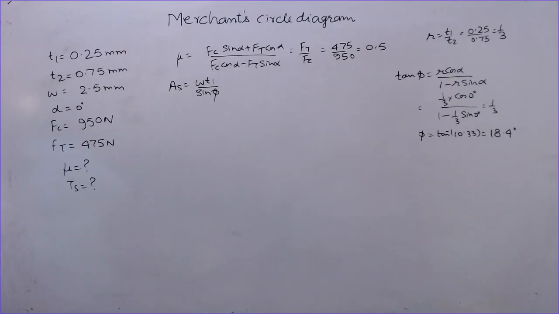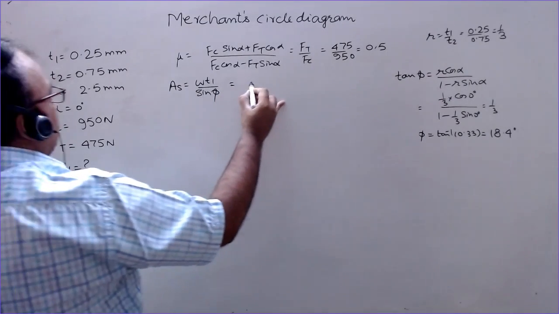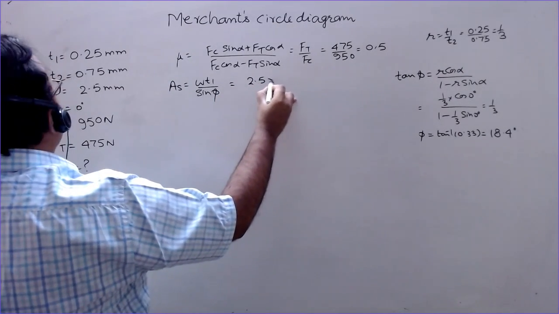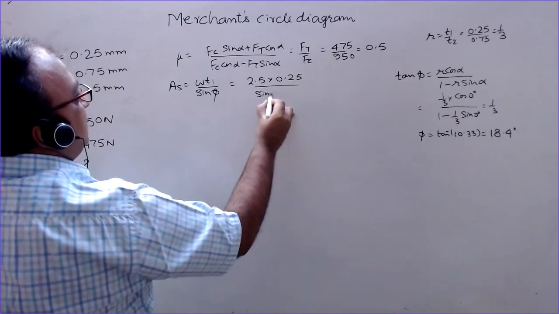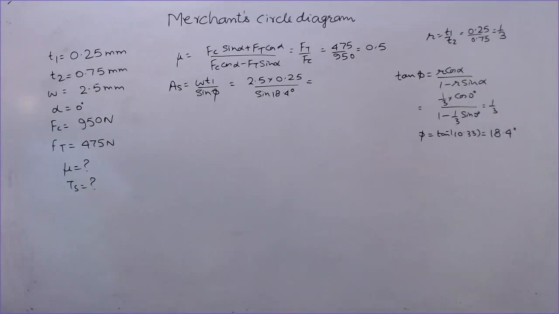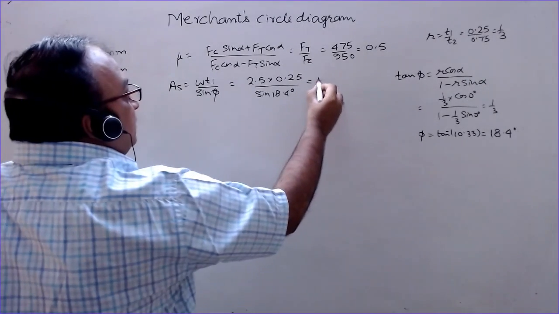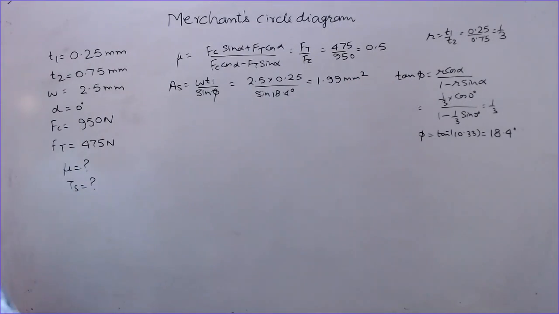And we can also use the merchant theory for this. If you want, you can use, because alpha is given, phi is given. Now the shear area is 2.5 into 0.25 upon sine 18.4 degree, and 1.99 mm square approximately.